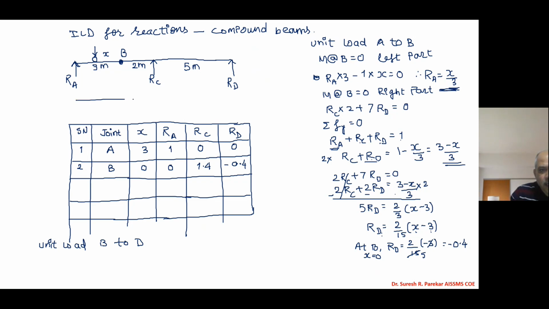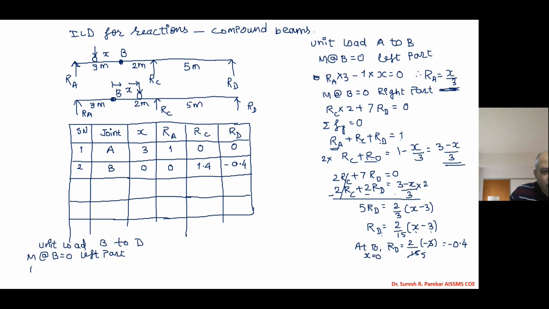If we plot it, we have RD, then here we have RC, here we have RA, and this is B. This is 3 meters, 2 meters, 5 meters. And now we have unit load over here. So x will be from B, this distance. Now unit load B to D, moment about B equal to 0, left part.